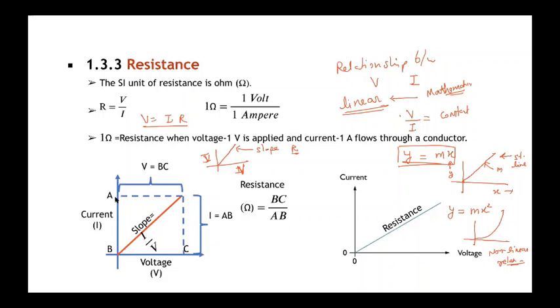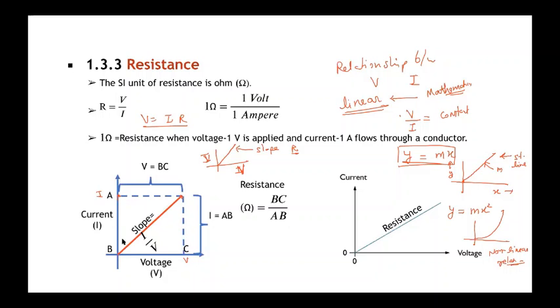How? So for example, take this point. At this point, we have some value V, and at this point, I have some value I, right? So what is the value of this I? This length AB. This AB is the magnitude, right? So this I is AB. So this is equal to this because these form a kind of rectangle, right?